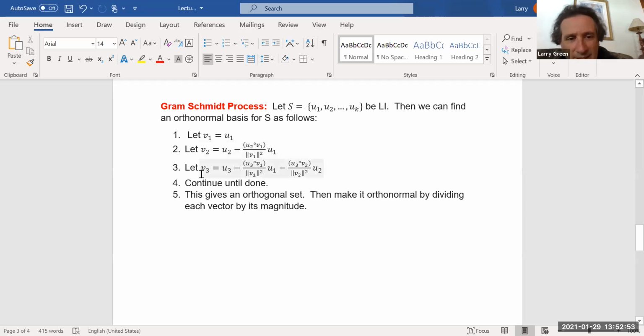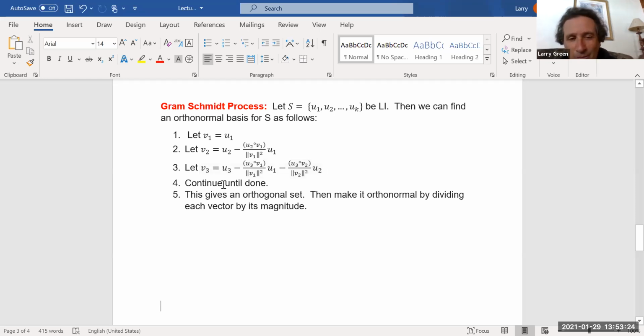Step 3 is you let V3 be U3 minus U3 dot V1 over V1 squared times U1. So basically it's the same thing that we just did. And then minus U3 dot V2 over V2 squared times U2. All right. So when we've reached step 3, we then have 3 orthogonal vectors.